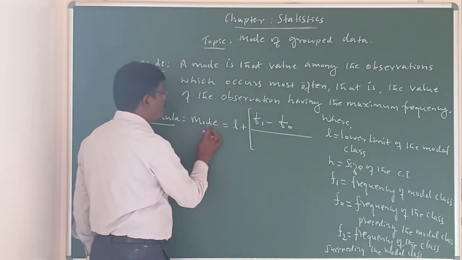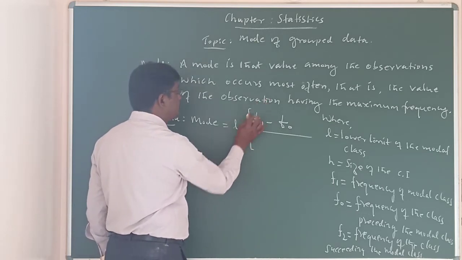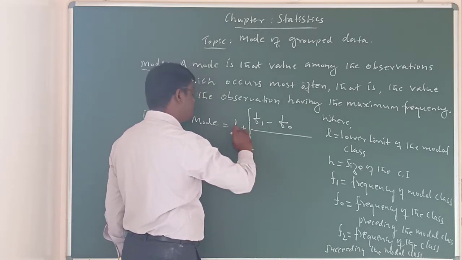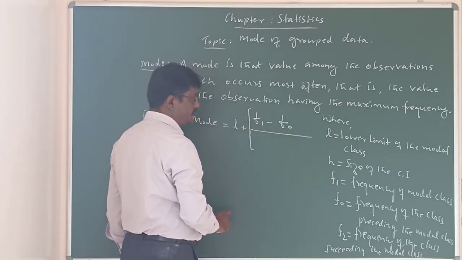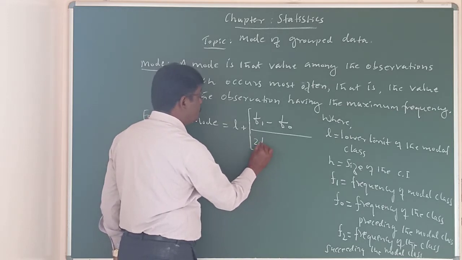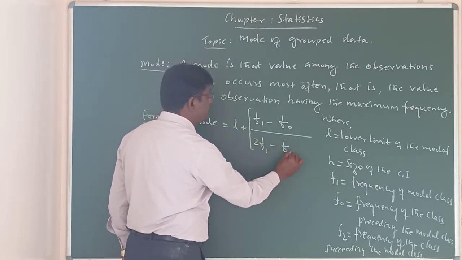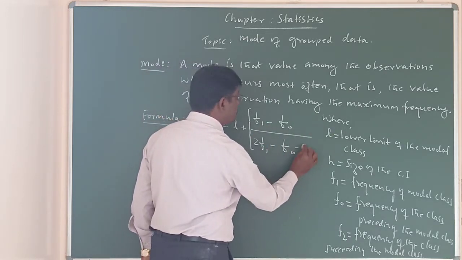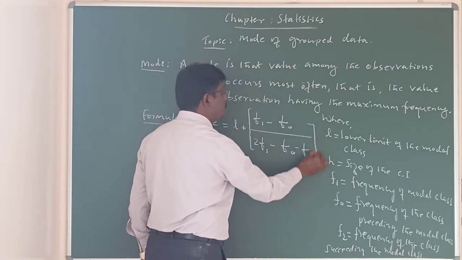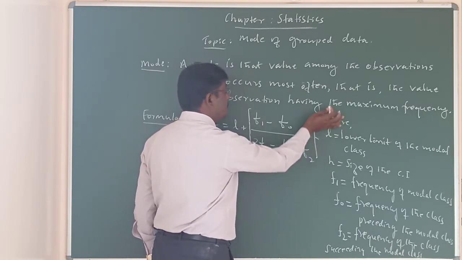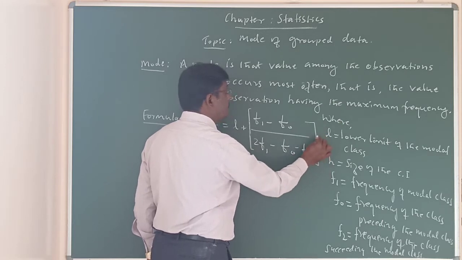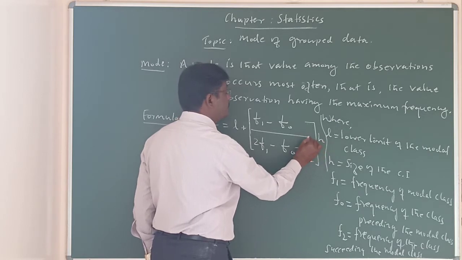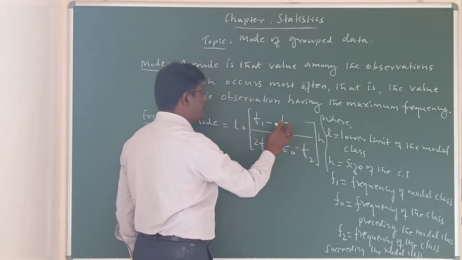See here children, mode equal to L plus, and the division line should lie on the same straight line, divided by 2F1 minus F0 minus F2, into H. What is that H, or the meaning of F0, F1?